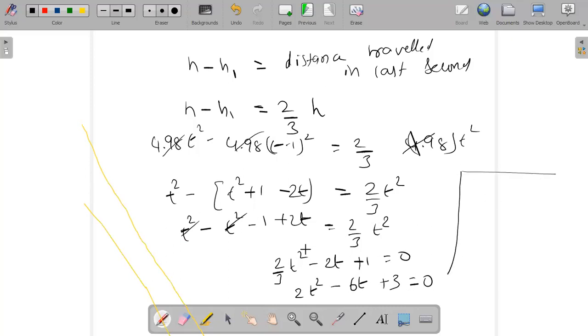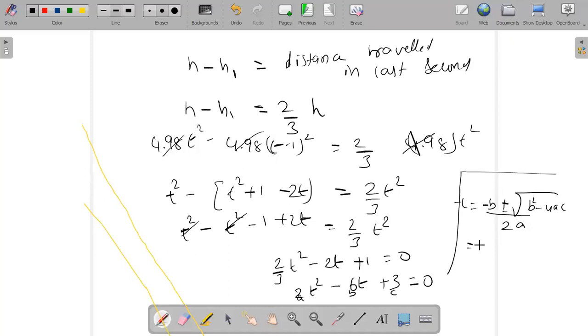This is a quadratic equation, and we know how to identify the roots. What is the root formula? t is equal to minus b plus or minus under root of b square minus 4ac, divided by 2a. Here this is a, this is b, this is c.